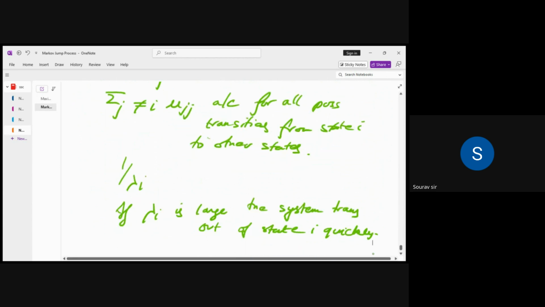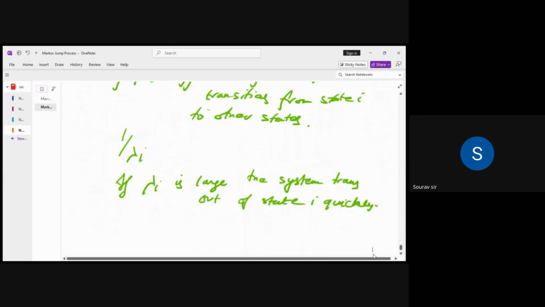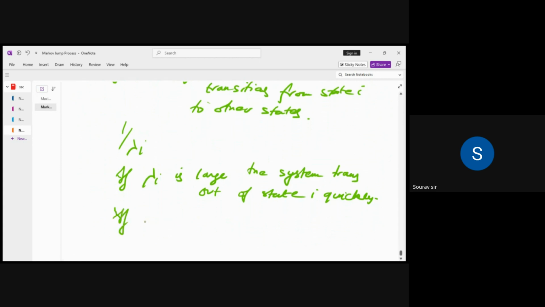And if it is small, then the system stays longer in state i.